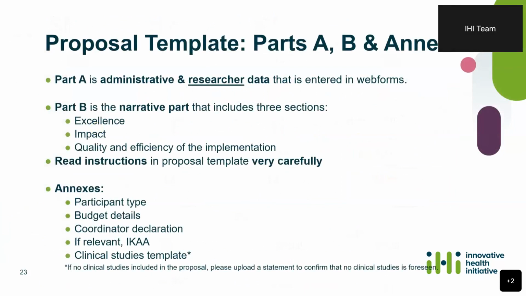The part B is the narrative part that includes 3 sections, the first being excellence, the second being impact, and the third one is quality and efficiency of the implementation. These 3 sections are the same as the evaluation criteria. So please read carefully the instructions which are provided in the proposal template if you want to maximize the chance of putting together a successful proposal.